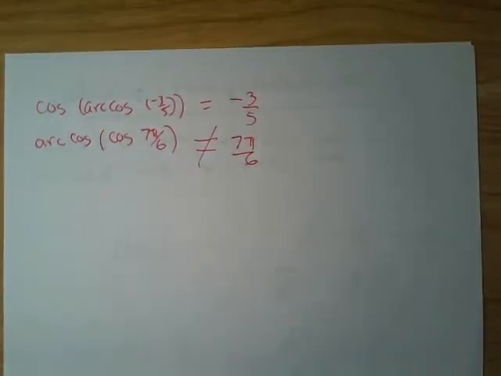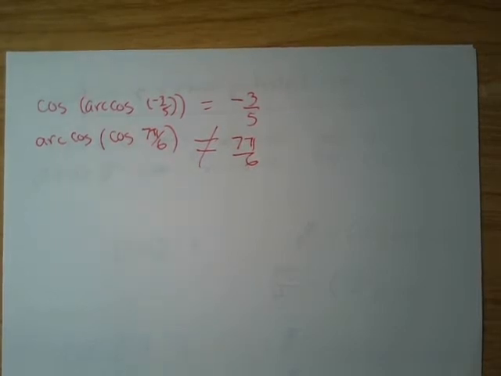It's nice in algebra when we have inverses and we know they're inverses that the composition leads us to that, but these trig functions work a little bit differently. And again, that's due to the fact that we restricted the domain to even define these functions.